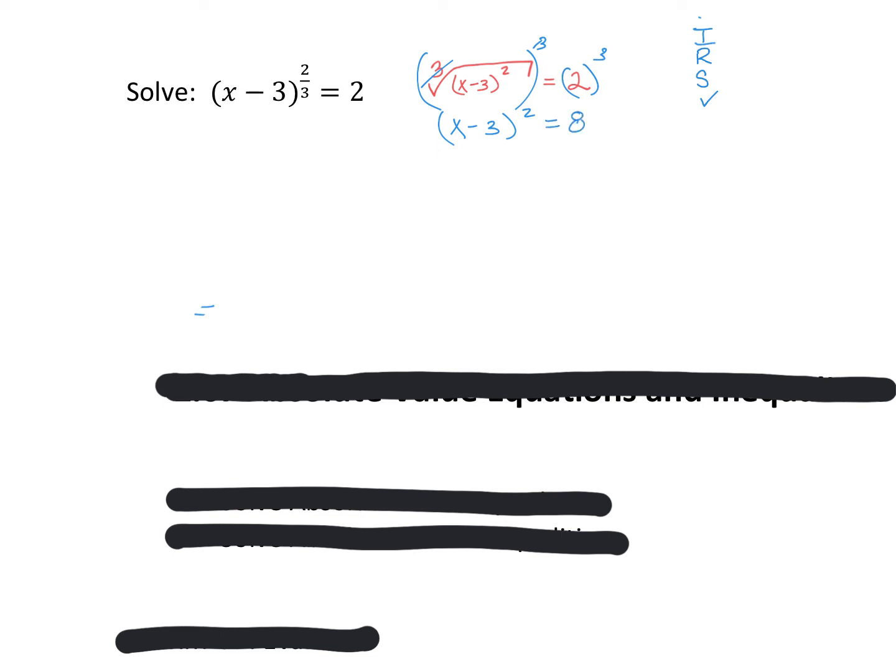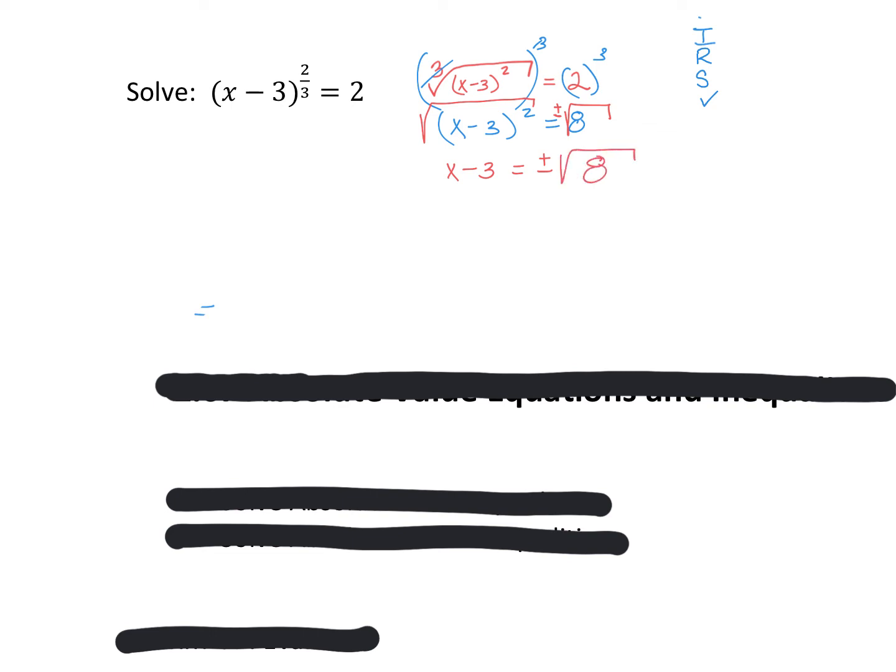At this point I have a couple options. I could multiply out the x minus 3, FOIL that and get a quadratic, and move the 8 over. Or I could take the root of each side. Just don't forget to take the positive or negative root. And so we have x minus 3 equals plus or minus the square root of 8.